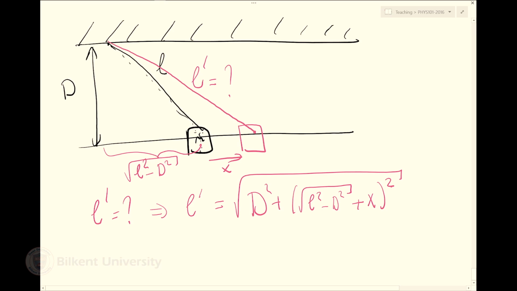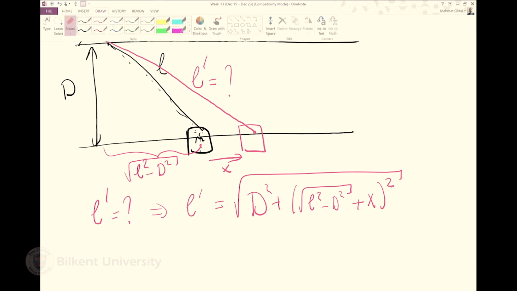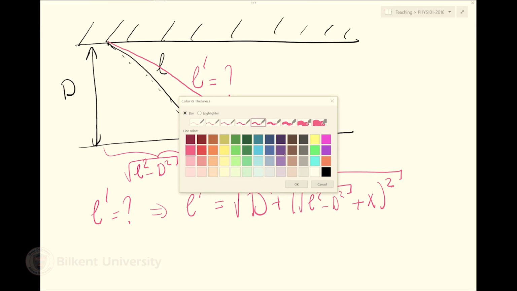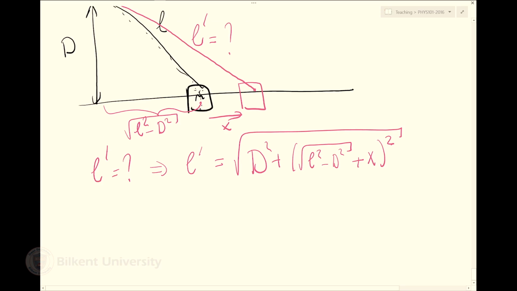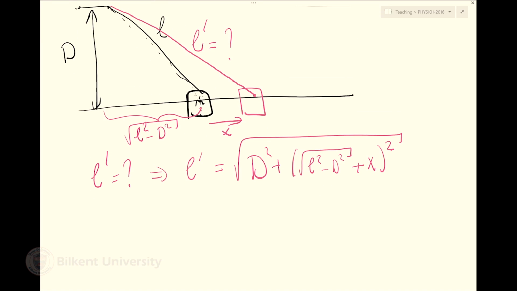Okay? Now, if that is the length of my spring, what is F, the magnitude of the force applied by the spring onto my mass?